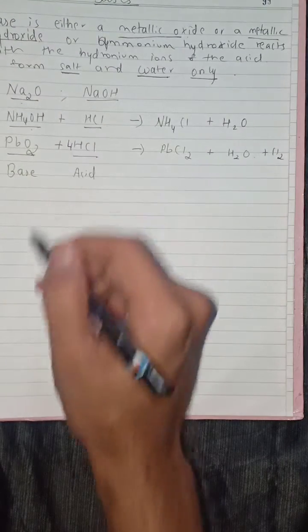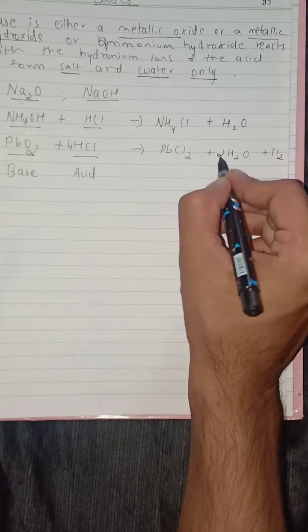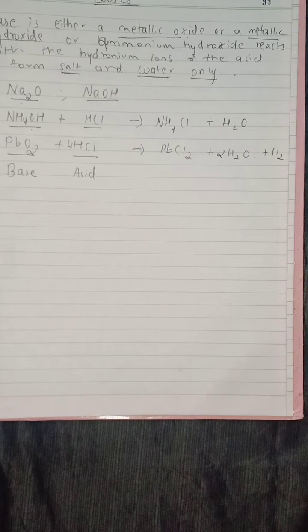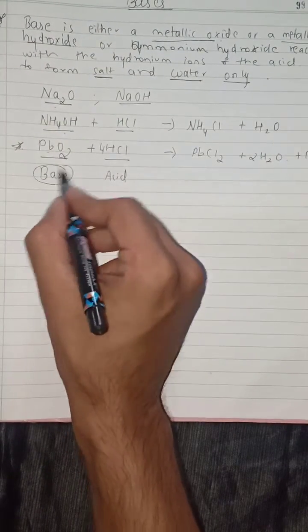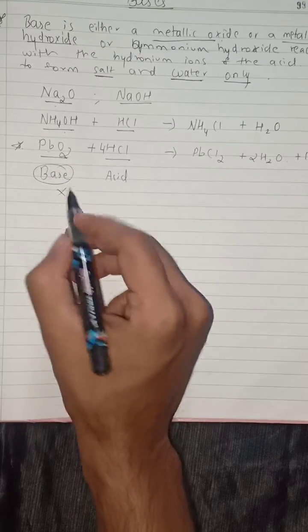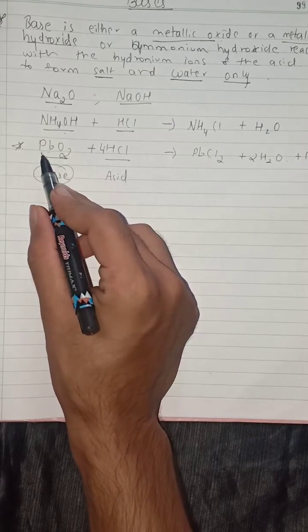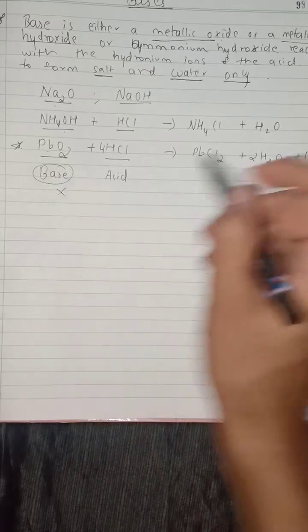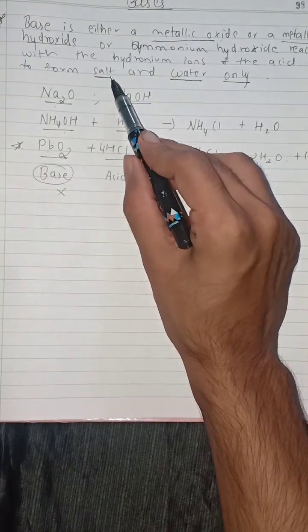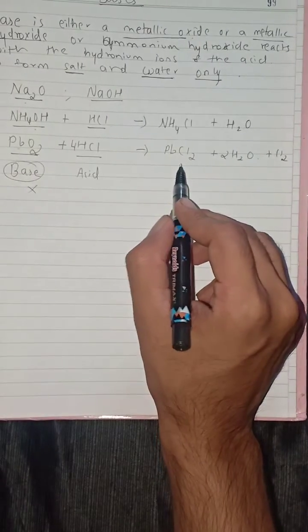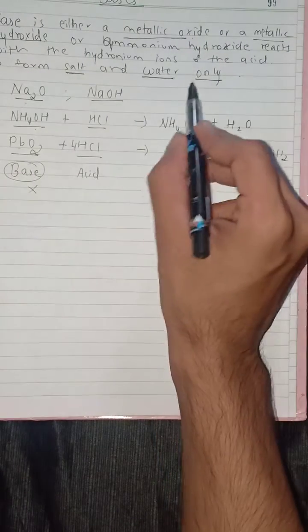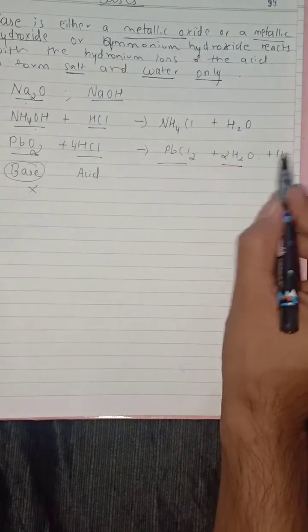So I am just going to simply put 2. Now since it is a metallic oxide but this is not a base, how can we say that PbO2 is not a base? Because it gives you salt, water, and more. A proper base should give you salt and water only, not chlorine gas.